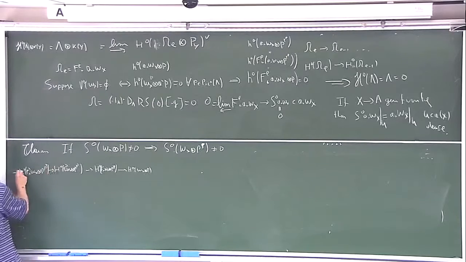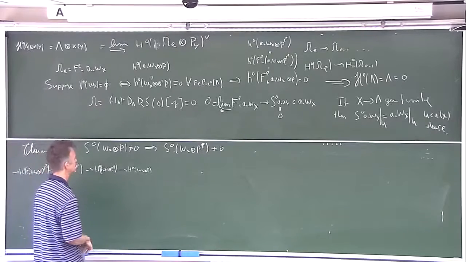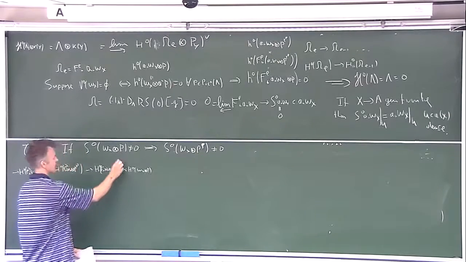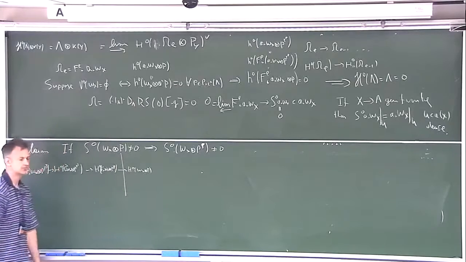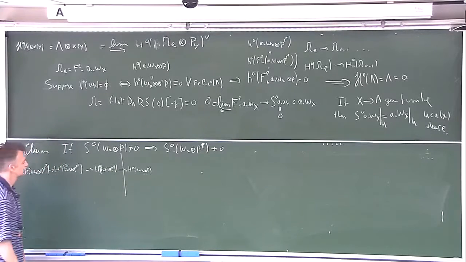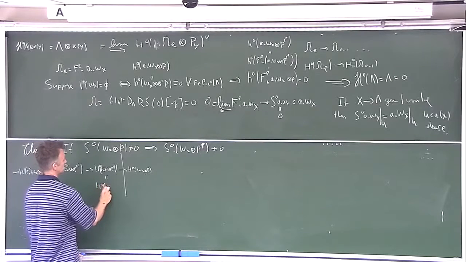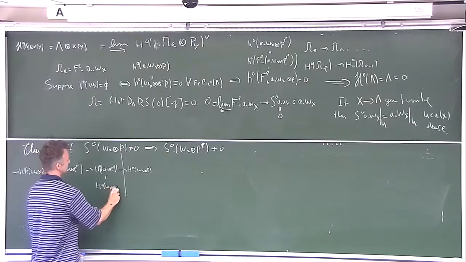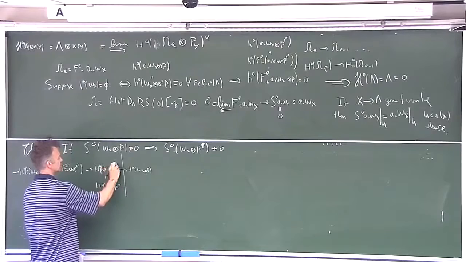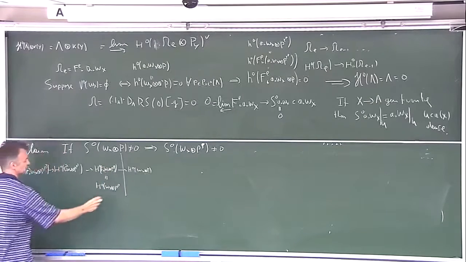And thankfully I ran out of blackboard, but you continue. You're looking at the stable image of all of these. Now, forget about the last step. Notice that this is isomorphic to H0 of omega_X tensor P to the P. This pushforward is around here; I already applied the projection.